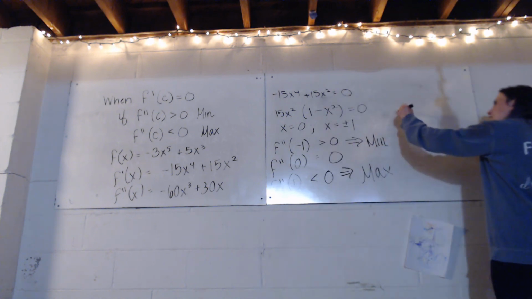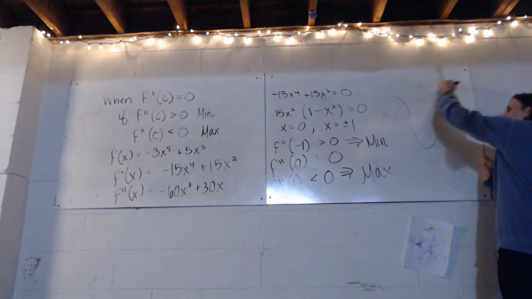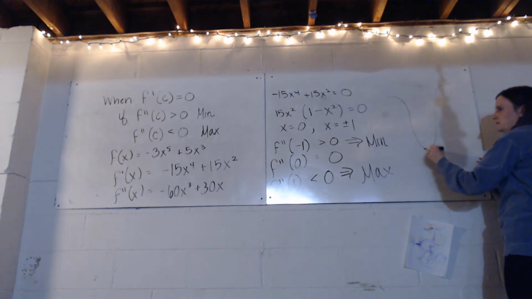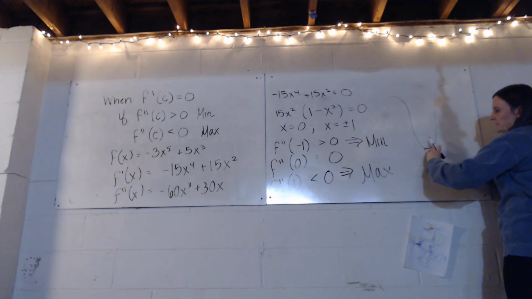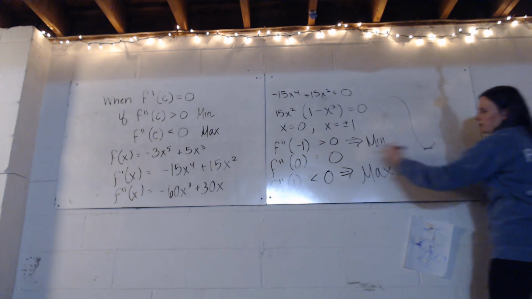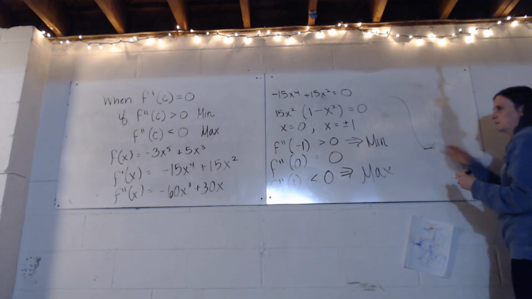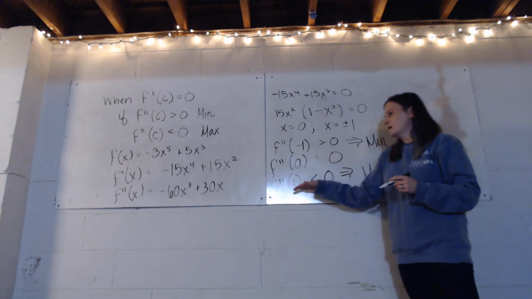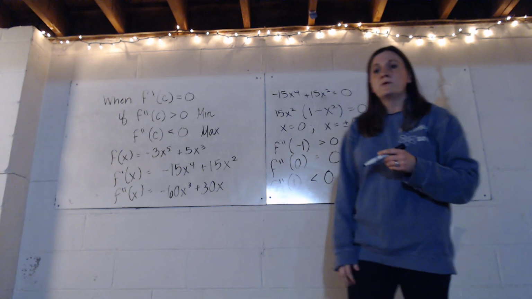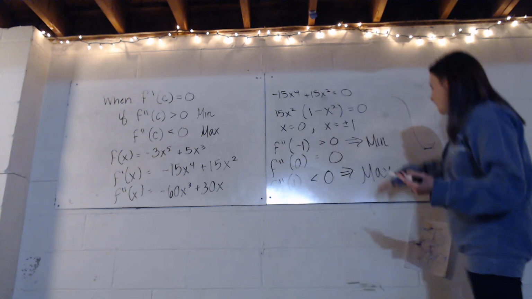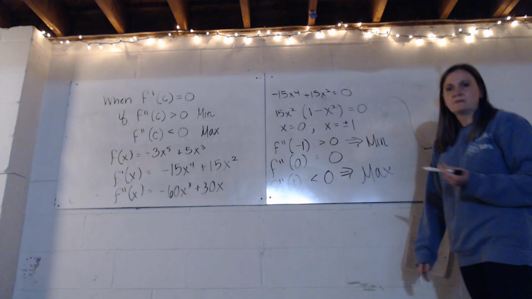If you think about a function here where the slope is 0 and I am coming up, I would have a second derivative that's greater than 0, which would indicate a minimum. So that's what that means. If my second derivative, when I plug in the critical point, is less than 0, that is where I have a maximum, because I'm starting to come back down. And that's it.